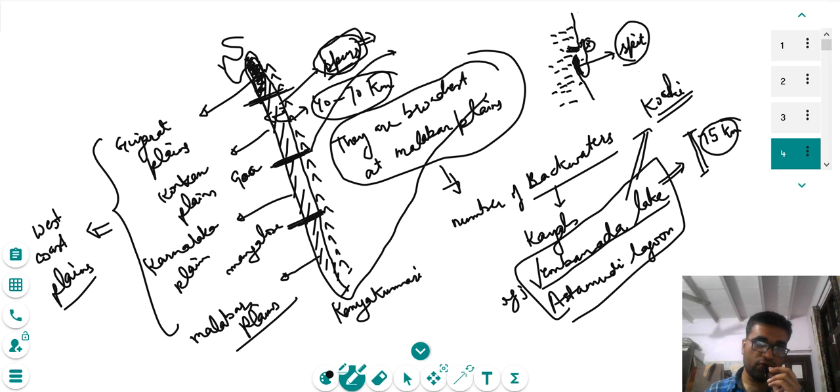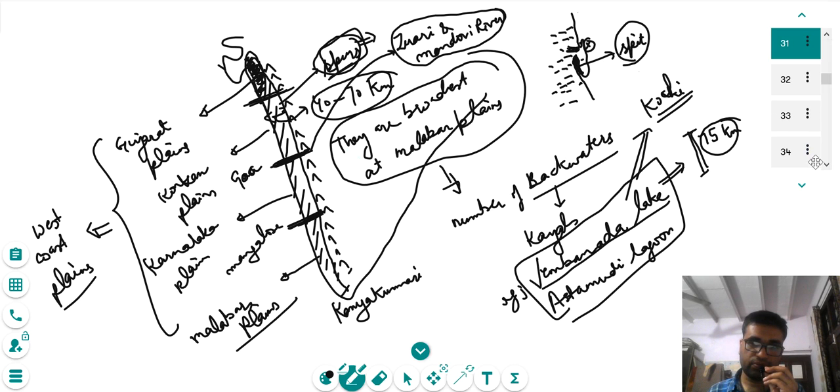Goa is at the confluence of Zuari and Mandovi River. So a number of fast streams descend from these Western Ghats and flow in these west coast plains.